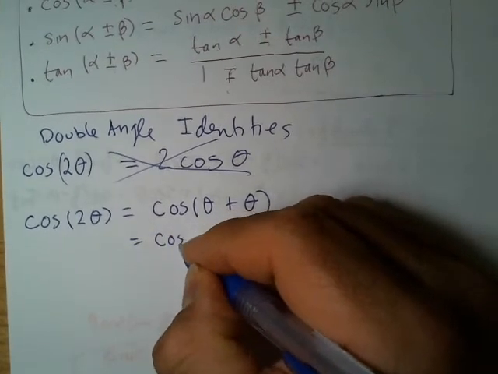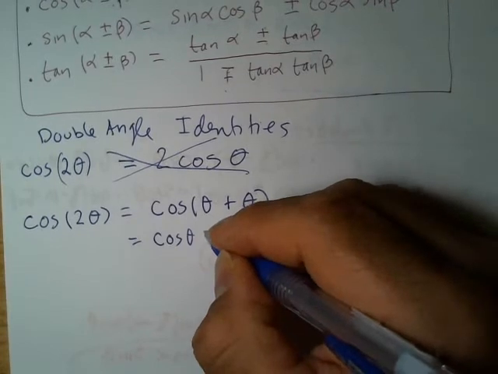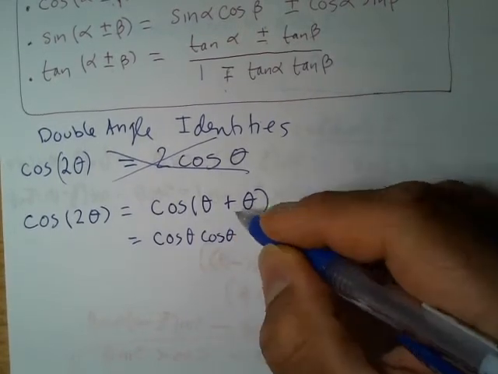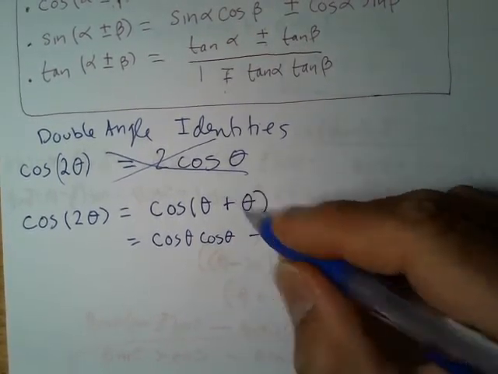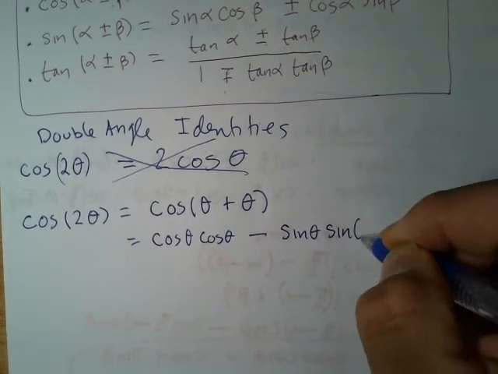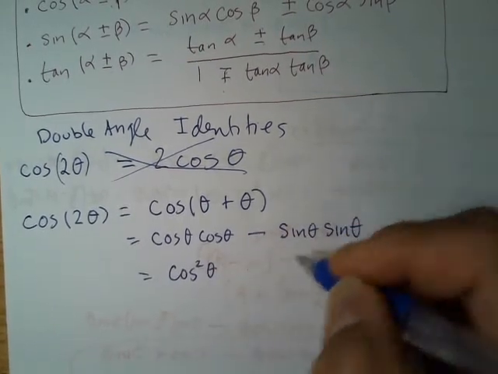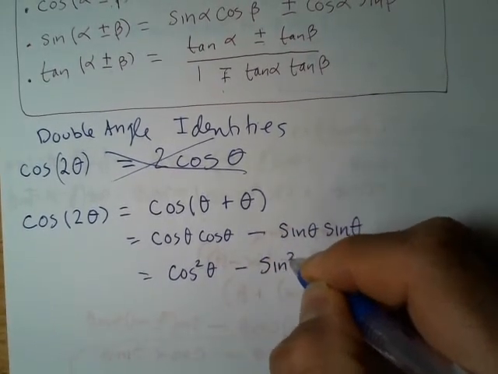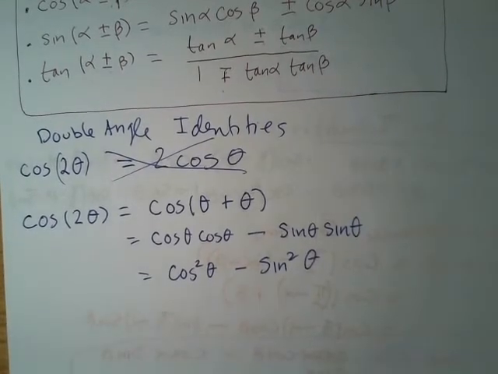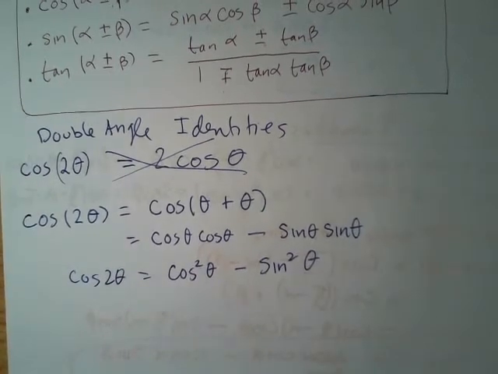In this case, alpha is equal to beta. So we have cosine theta, cosine theta, plus means opposite signs, so minus sine theta, sine theta. And we have cosine squared theta minus sine squared theta. That worked out nicely.